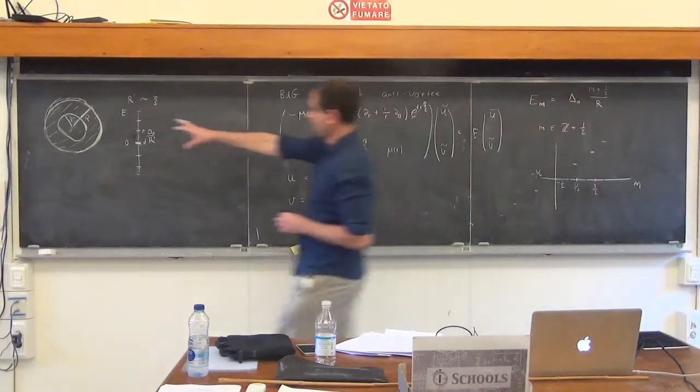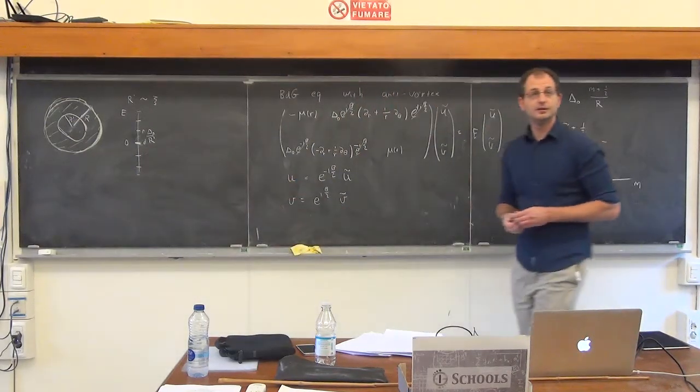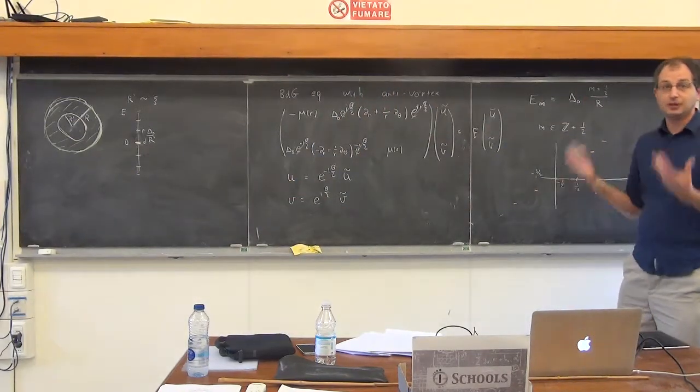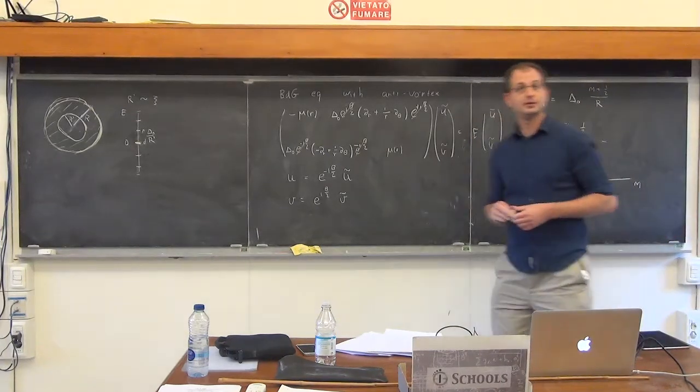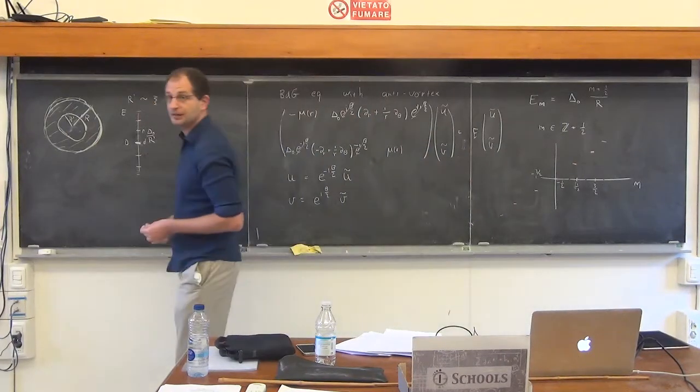So even if I make this vortex core very small, that state has to remain there. So this is actually a very general property of the vortex core. A vortex in a p plus i p superconductor has to carry this kind of zero mode.